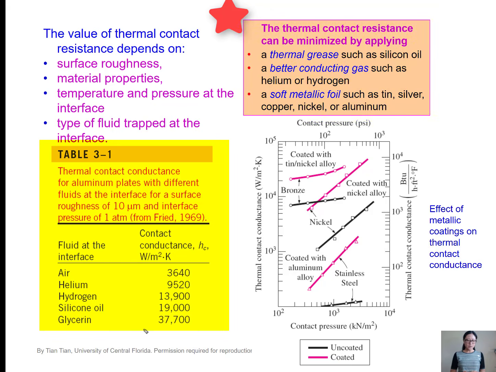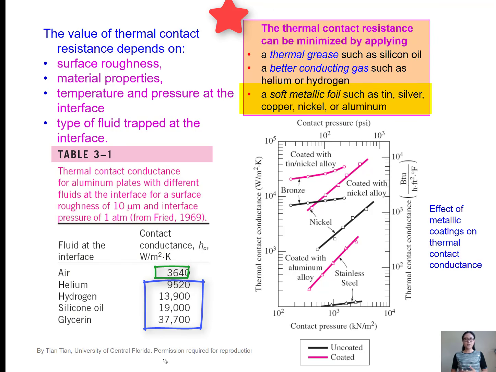From this table, we can see the contact conductance of helium, hydrogen, and silicon oil are much larger than that of air. We could also add a soft metallic foil such as tin, silver, or copper at the interface.